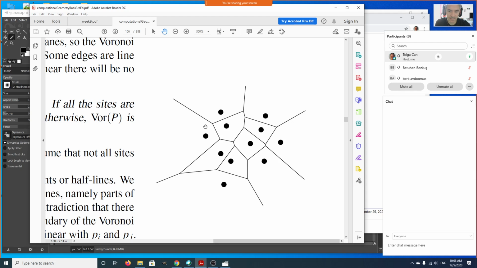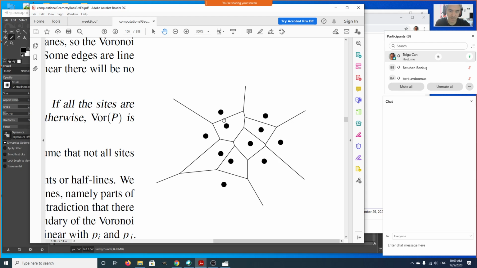Bisector means that it's the line which is equidistant to 2 points. And the way you can derive the equation of this line is you can just have the line segment that connects these 2 sites, and the bisector will be exactly orthogonal to this one. There will be 90 degrees.